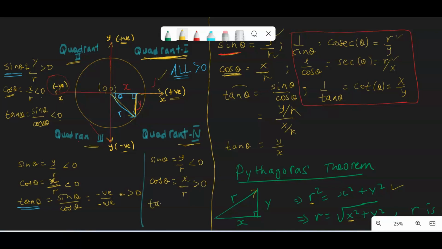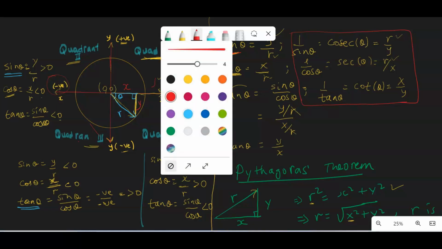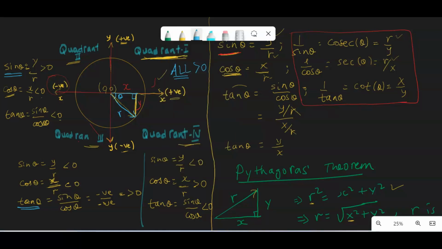And tangent of angle theta is equal to sine divided by cosine. Sine is negative, cosine is positive, so tangent should be less than 0. So in quadrant 4, only cosine is positive.